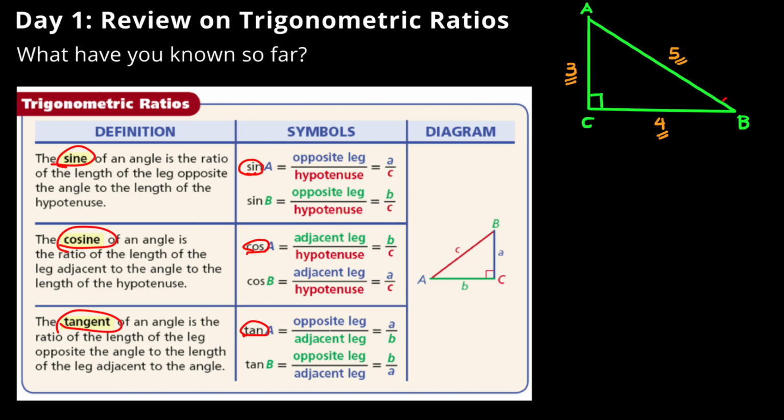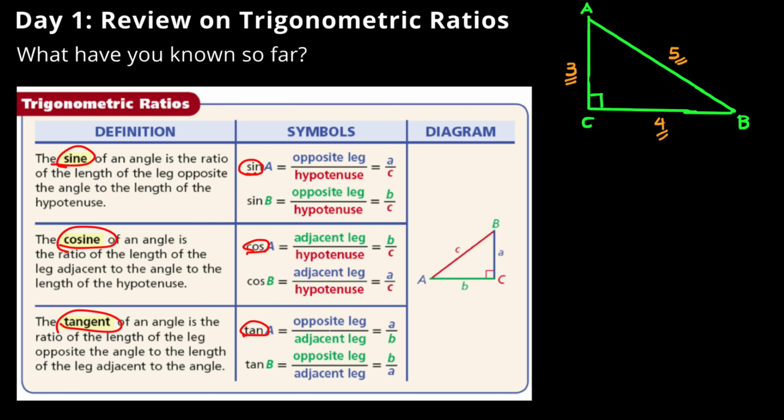So as we consider angle B this time, 4 and 3 are still legs, but they have special names. So 4 is adjacent, which is very close to the angle, and 3 is opposite, right in front of your angle, which is used as your reference, while 5 is always the hypotenuse and it will never change its name.